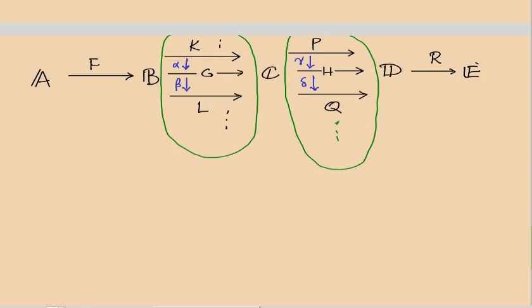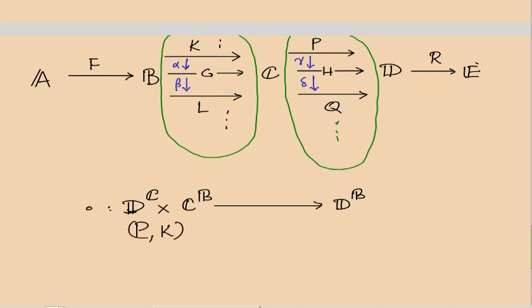Now observe. You take a functor from here, from C to D. Remember we spoke about the Cartesian product of two categories, right? And you take a functor from here, and your composition produces a functor from here. So you take P and K, you take it to PK.